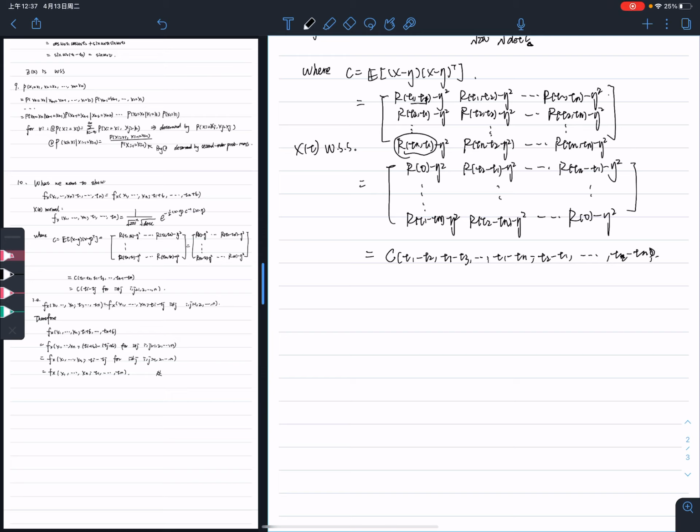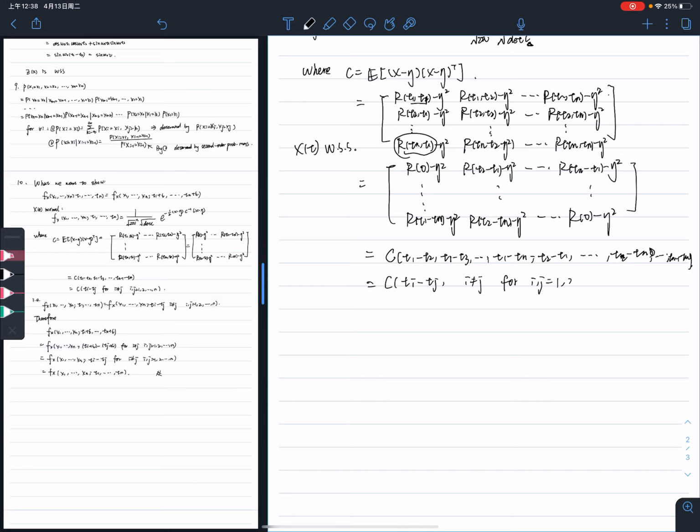This can be written as ti minus tj, where i is not equal to j, and i and j are arbitrarily chosen from 1 to n.